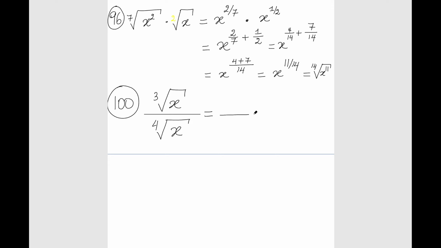Well, the nth root of a to power m, so a is x, m is 1, and n is 3. This is the same thing as a to power m over n. Likewise downstairs, x to power 1 over 4.